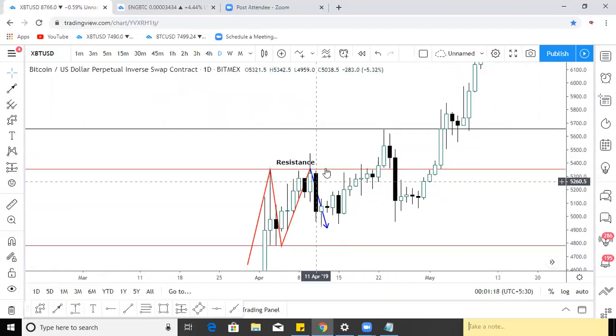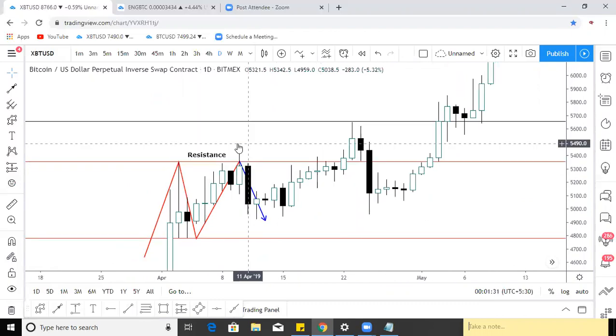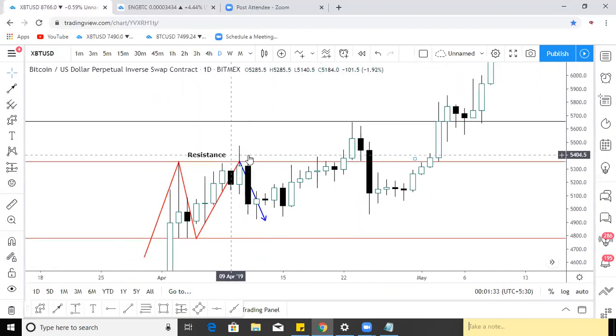So we know that this zone, this particular area, was a trouble area while price movement was from top to down or down to up. Okay, so this level actually created trouble in price movement. So this is an important area to note down.